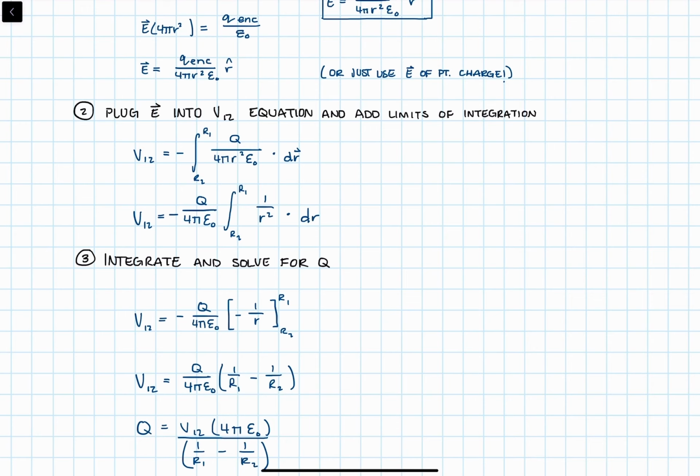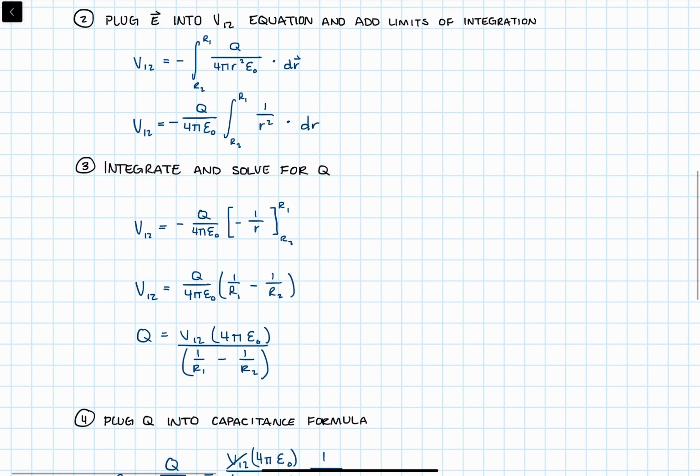We can take out the constants, and we see it's Q over 4 pi epsilon naught times the integral from R2 to R1 of r hat over r squared dotted with dr.